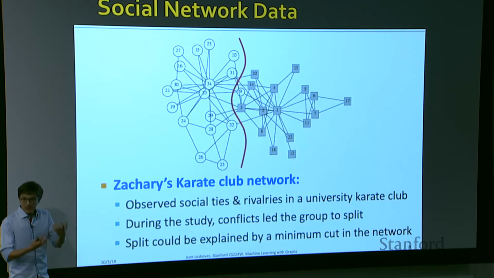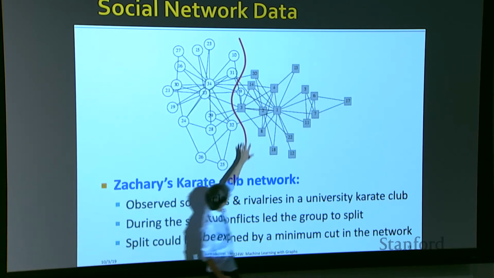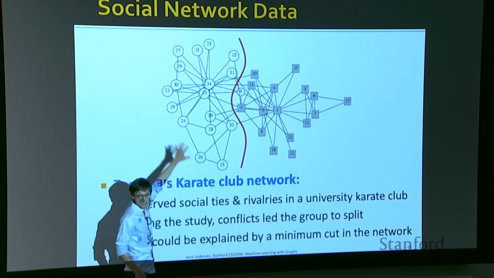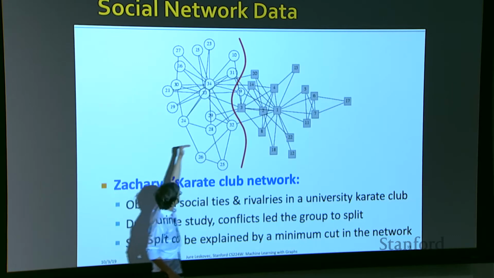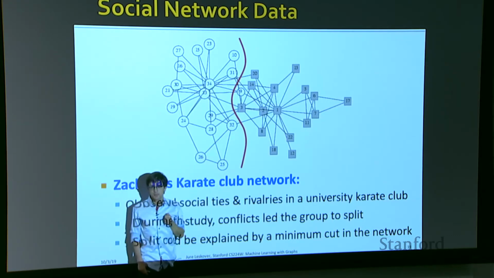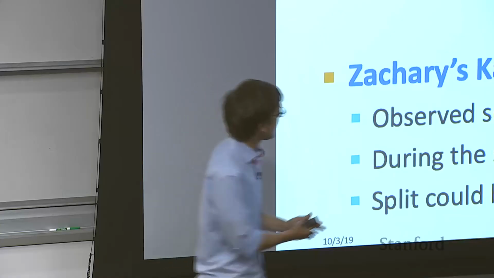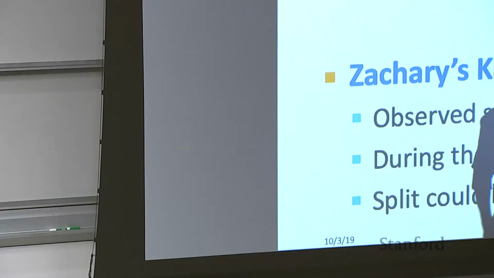If you look at it, are there groups? You kind of see from the social network there is quite a lot of connections between the nodes on this side, and quite a lot of connections with the nodes on the left side, and relatively few connections across. And if you ask what is a way for me to cut this network in half and cut the fewest number of connections?